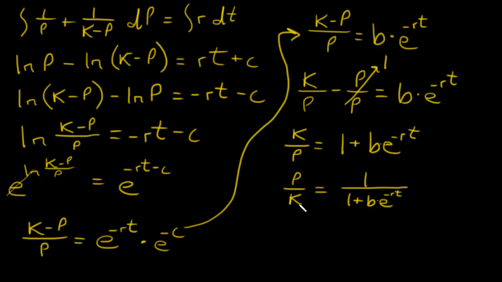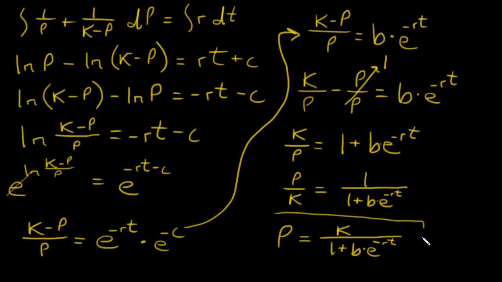And then I will multiply both sides by k to get the final answer. p is equal to k over 1 plus b times e to the negative rt. And this is going to be our new expression that we can use.